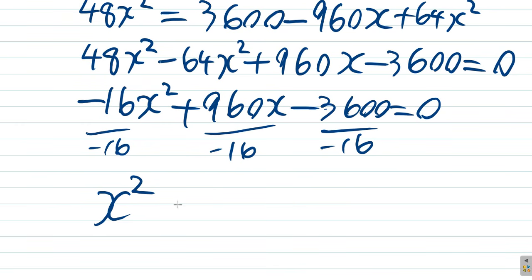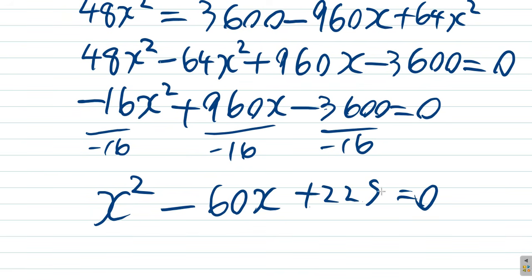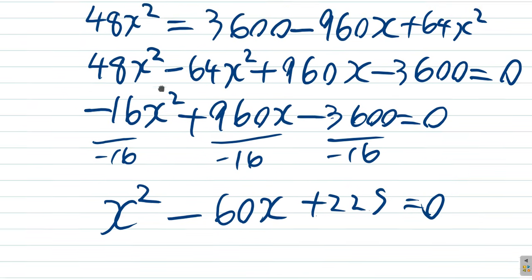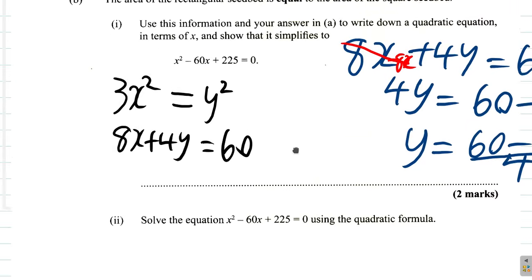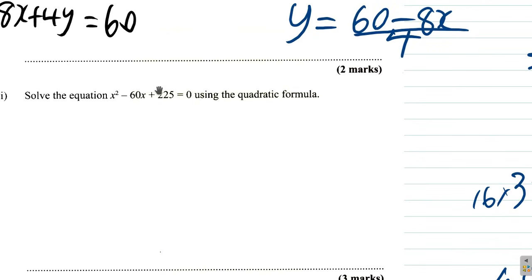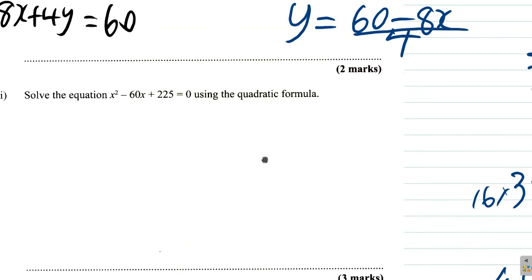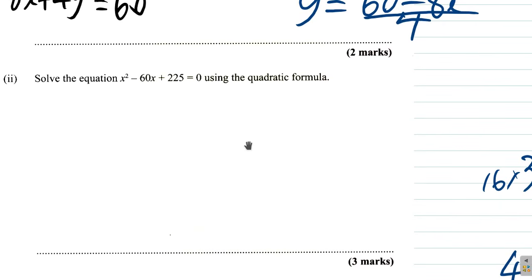Negative 60, so minus 60x, and then negative 3600 over negative 16 gives you what? 225, so plus 225 equals 0. You have x squared minus 60x plus 225 equals 0. Good. So that was done.